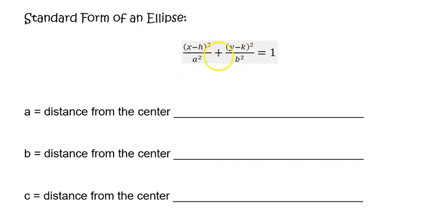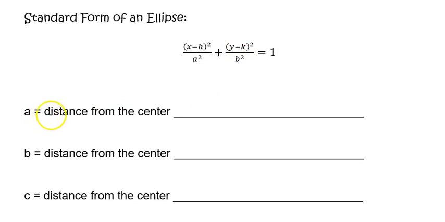On the bottom, I have a squared and b squared, and sometimes in problems it'll be a number like 9, and then obviously a would be 3, or sometimes they would have like the 3 squared written in. But because I do things the way that I do them, I always will have the a value under the x and the b value under the y.